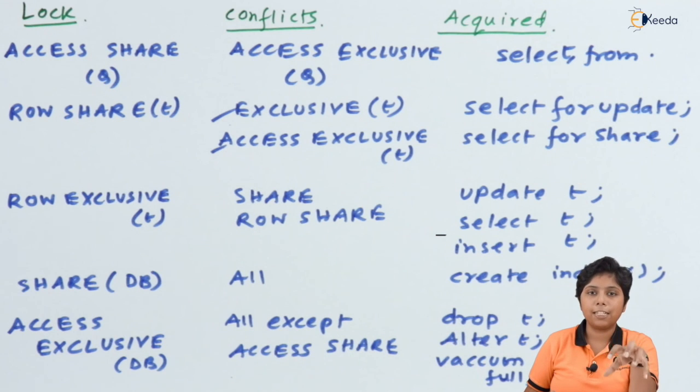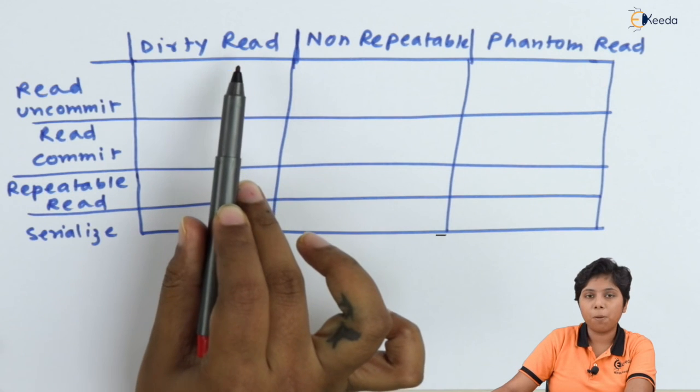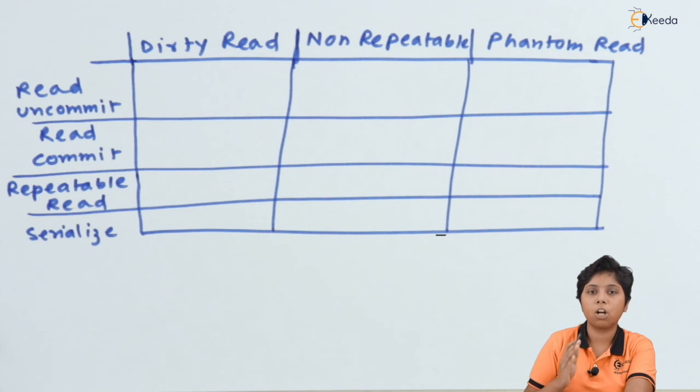Now if we talk about transaction management or the isolation levels attached with MVCC in PostgreSQL, we can create a compatibility matrix of the isolation levels of PostgreSQL. If it is read uncommitted, then there can be a problem of dirty read, because we read data that is not committed and the transaction may not be successful.